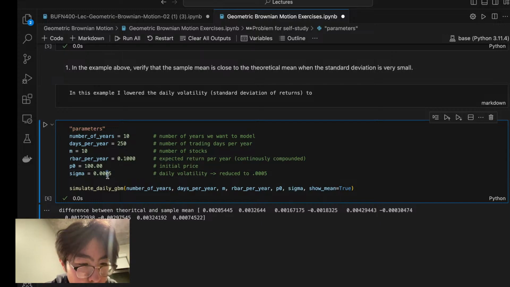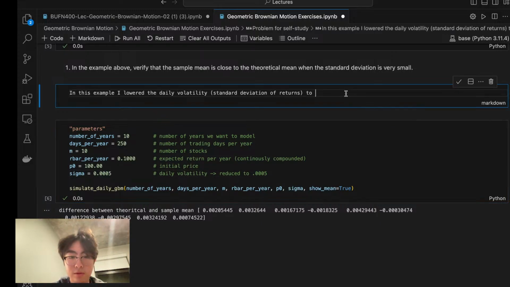This will be 0.1%, 0.05%. I think this would be, so 1 basis point is 0.1%, so this will be 0.5. So 0.5 basis points.